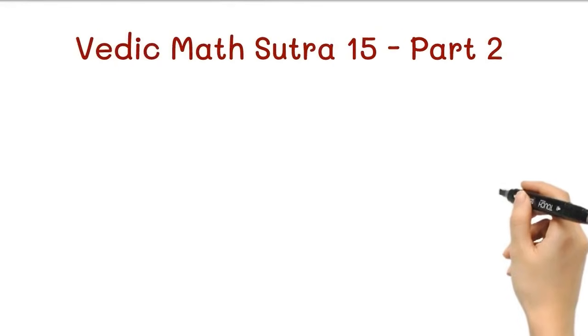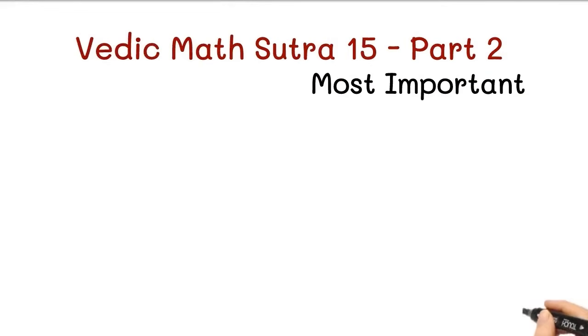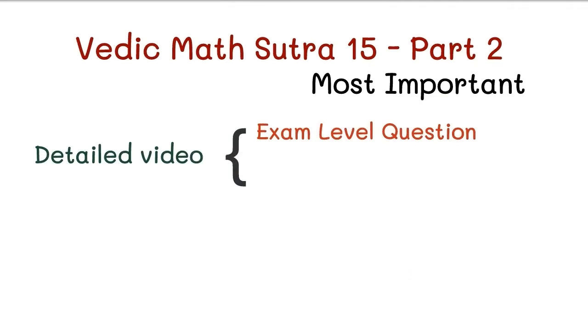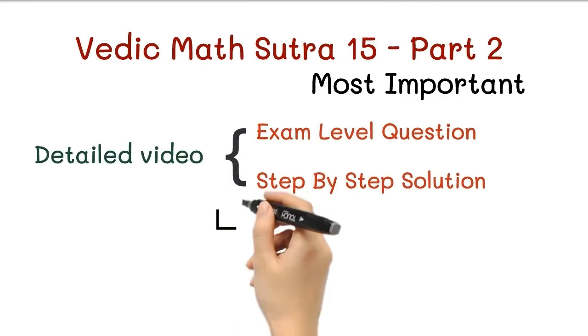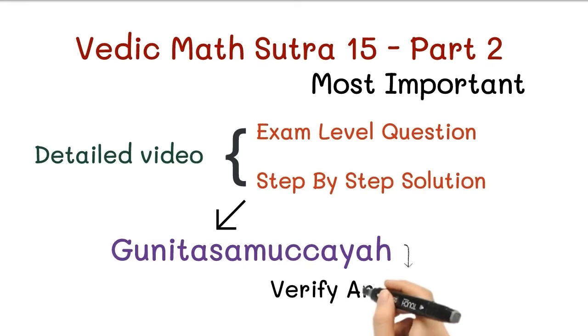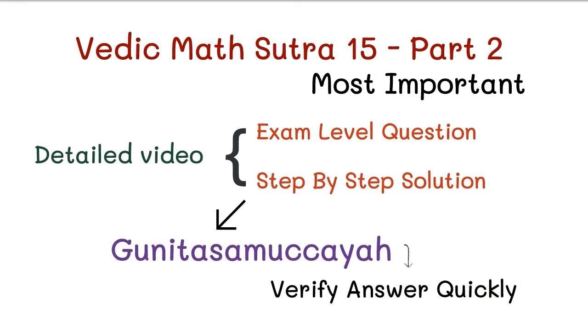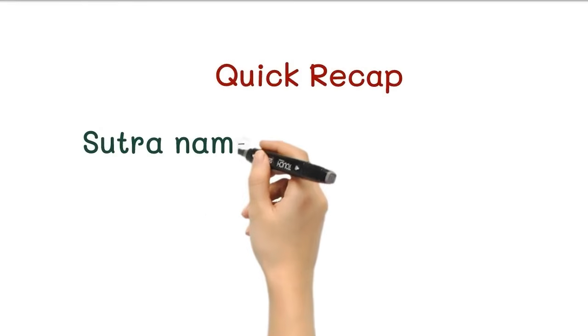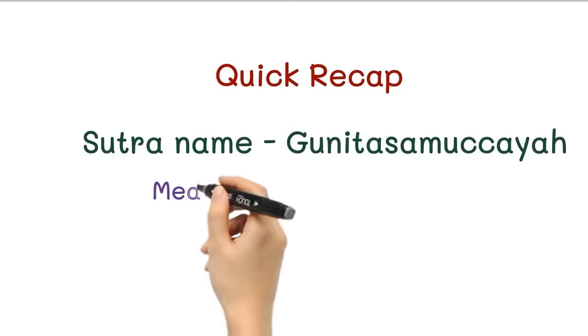This brings us to part 2, the most important part. In the next detailed video, I'll take a real exam-level question and solve it step by step using Ganotasamachchaya. You'll see exactly how this sutra helps you verify answers quickly and confidently. Before we end, let us quickly recap. Sutra name, Ganotasamachchaya.